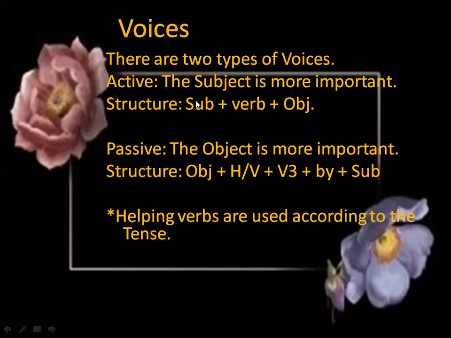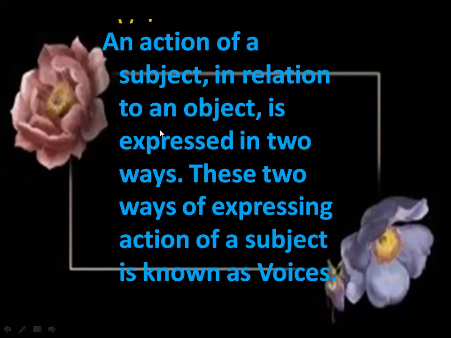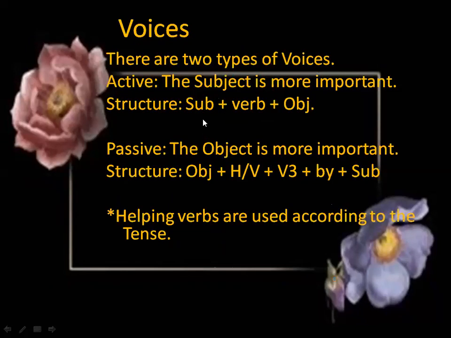But here we also talk about the relation of subject and object. The action of a subject in relation to the object. We are talking about subject and object here, so we just have to interchange the places of subject and object to convert active into passive voice.